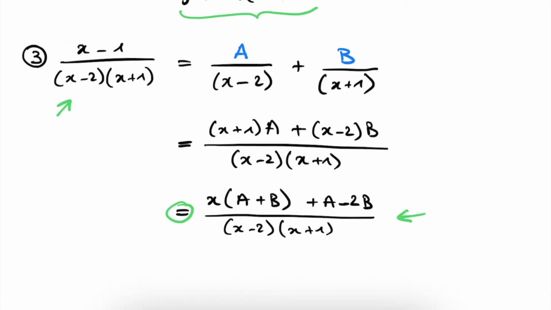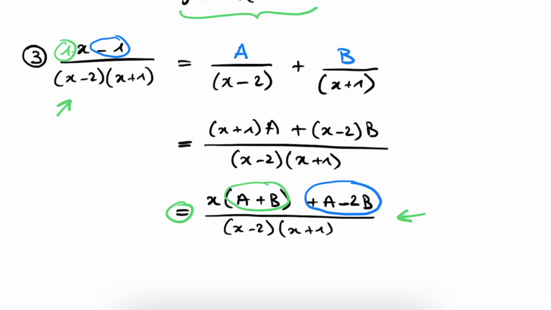And in our original fraction, we see that we basically have 1 times x minus 1. If we compare all the terms with an x, we see that 1 then has to be equal to a plus b. And likewise, we have a minus 1 in the original fraction, and in here we have plus a minus 2b. So the a minus 2b will have to be equal to minus 1.